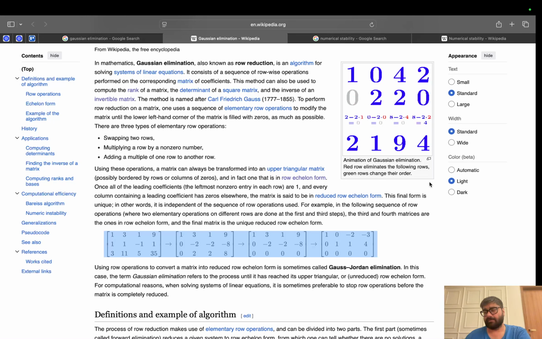Because if the determinant is non-zero, that means the matrix is non-singular, which means it does have a unique solution. So it's two negatives make a positive kind of thing.